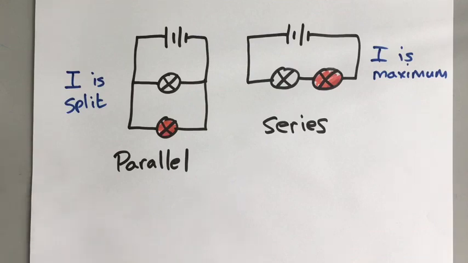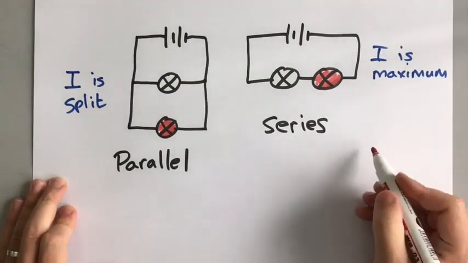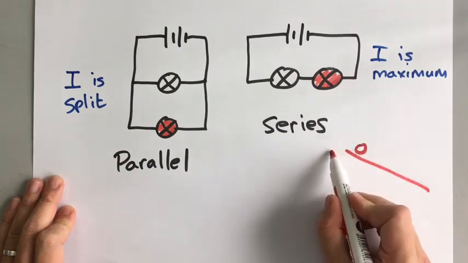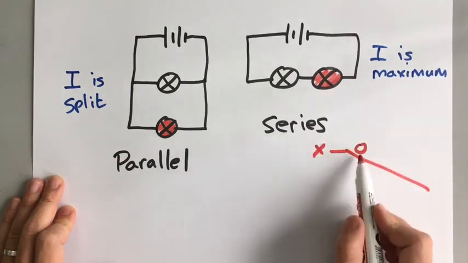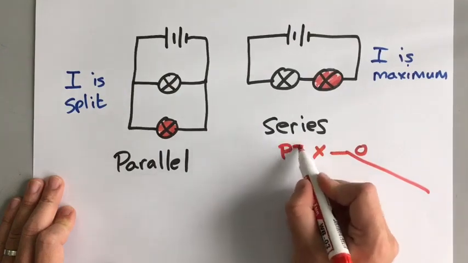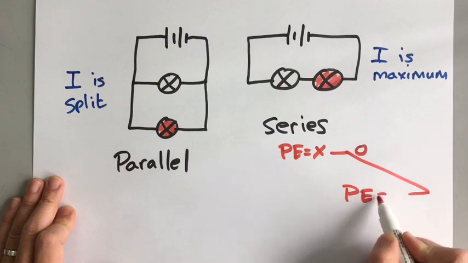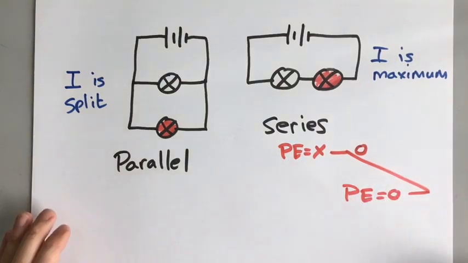Now, the opposite is true of voltage, and that's a little bit more difficult to understand. If you imagine our ball rolling down the hill example, at the top, at the battery, the ball has X amount of potential energy, and at the bottom, it has 0 potential energy.